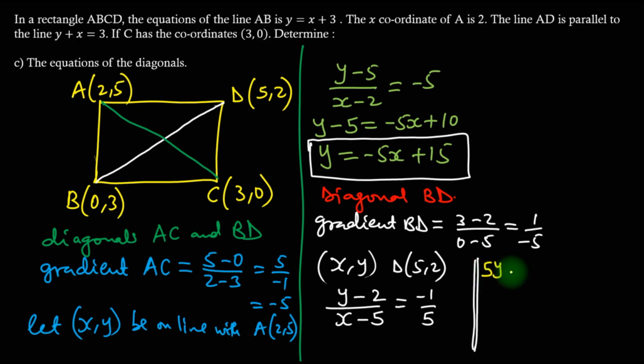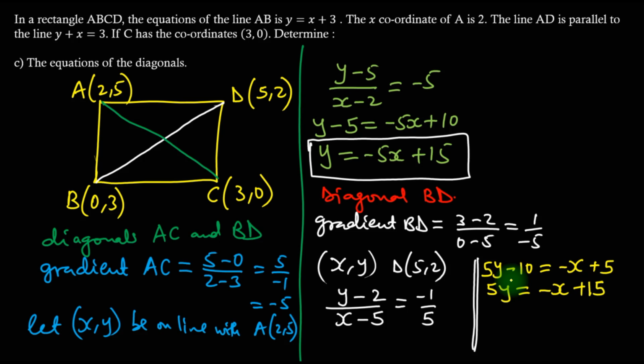We have 5y minus 2 times 5, that is minus 10, equal to x times minus 1 minus 1 times minus 5, plus 5. Therefore, we have 5y is equal to minus x plus 15.